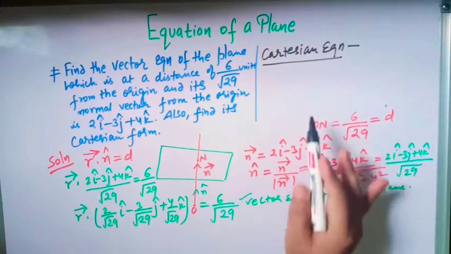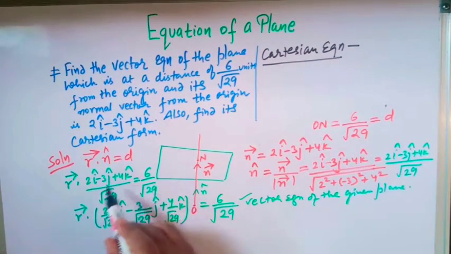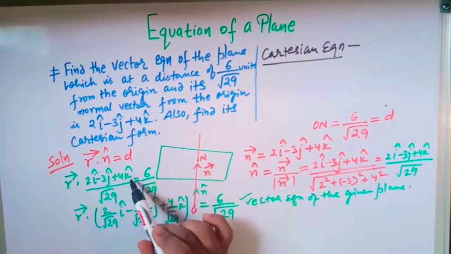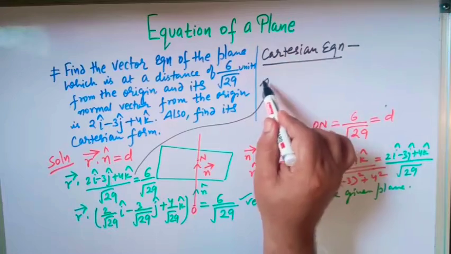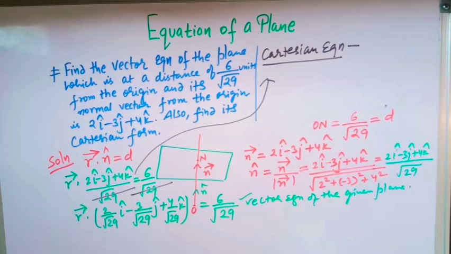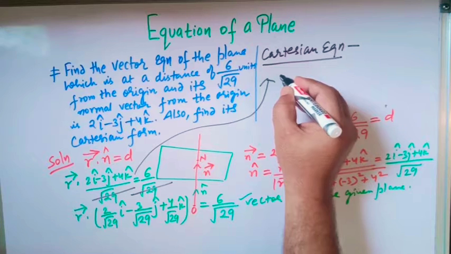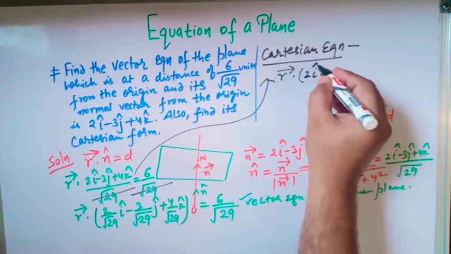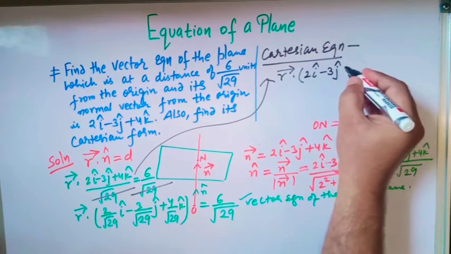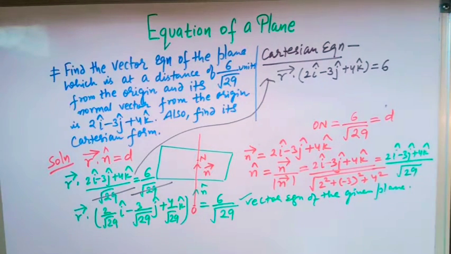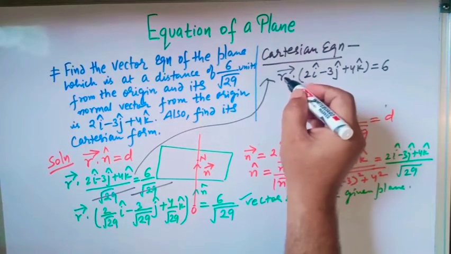Now for obtaining the Cartesian equation of the plane, we will take the help of this vector equation. See here, square root of 29 and square root of 29 get cancelled, and we have r dot 2i cap minus 3j cap plus 4k cap is equal to 6. Now what is vector r?